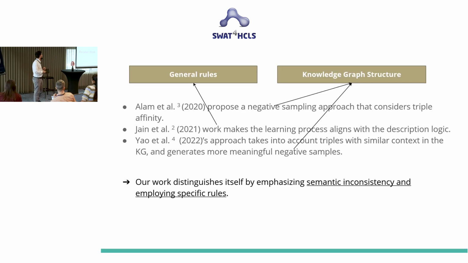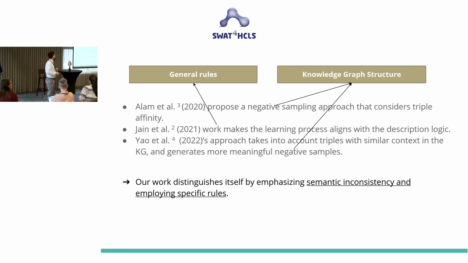But before that, maybe let me summarize related work. Most work is using either rules. If you are lucky, you can use rules to improve your knowledge graph, or they use some graph structure to come up with a better way to learn the representation and use link prediction to improve the knowledge graph.